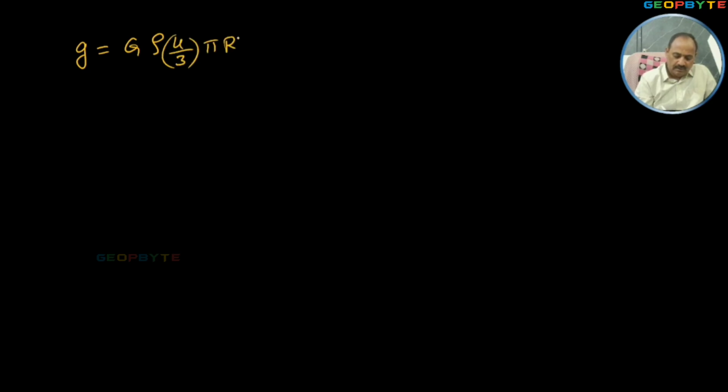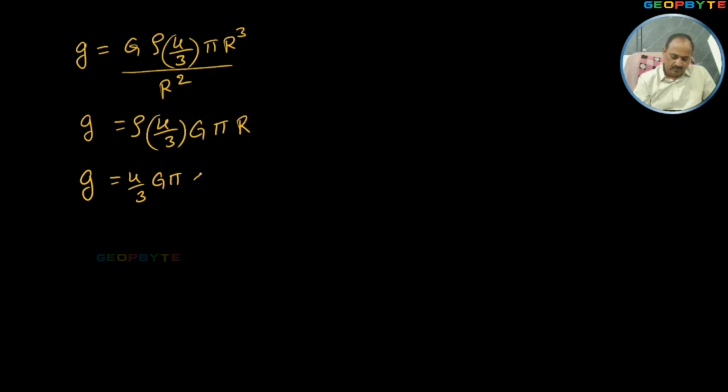Let us take another slide. The general formula: g equals GM by r squared, which is density multiplied by 4 by 3 pi r cubed divided by r squared.